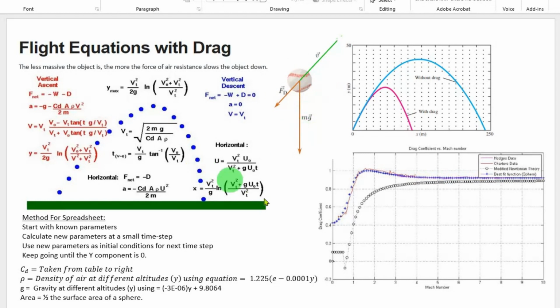So basically what my spreadsheet did initially was to take some initial conditions of velocity, angle, mass, those types of things, and do a very short time step.